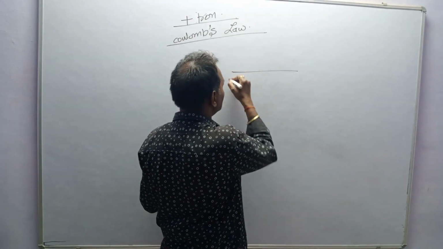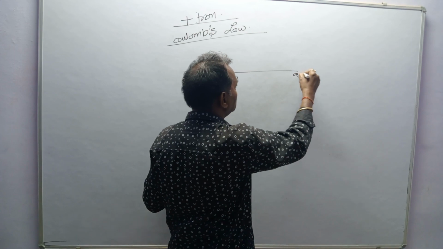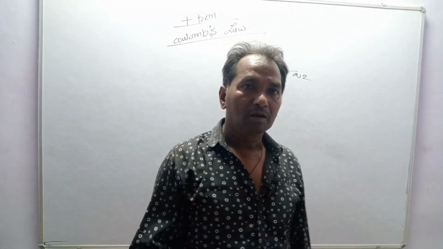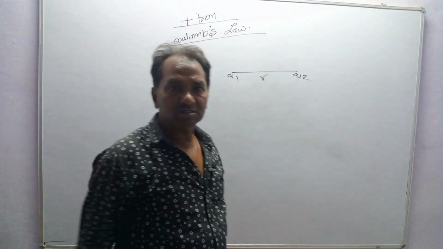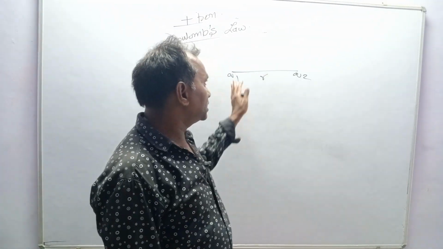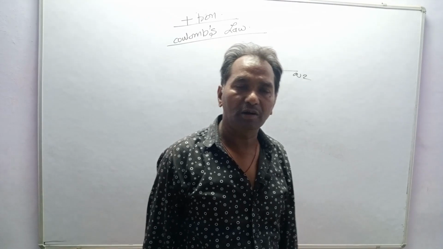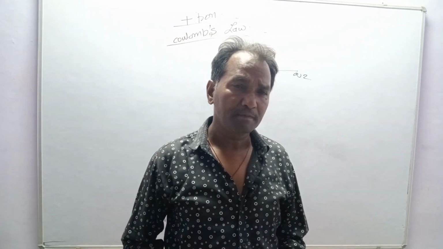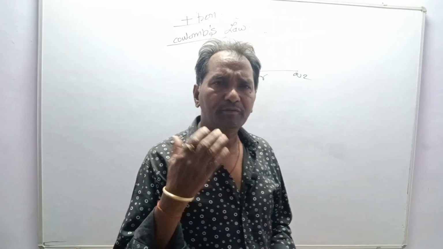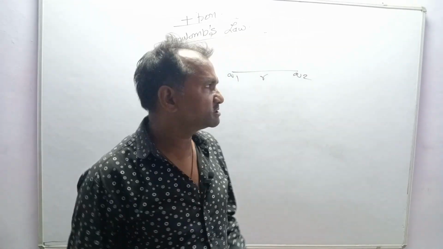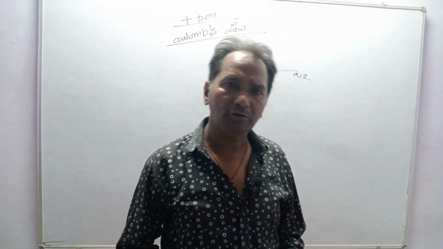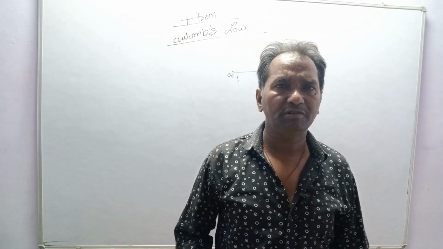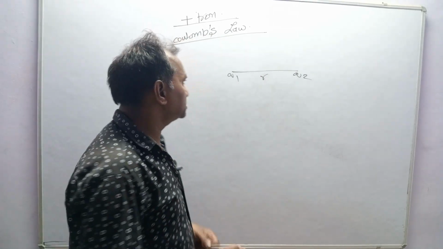Let the two charges be Q1 and Q2, separated by a distance r. According to this law, the force acting between the two charges is directly proportional to the product of the charges and inversely proportional to the square of the distance between them.